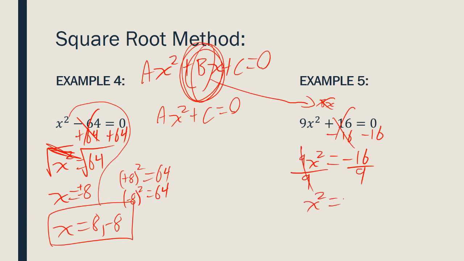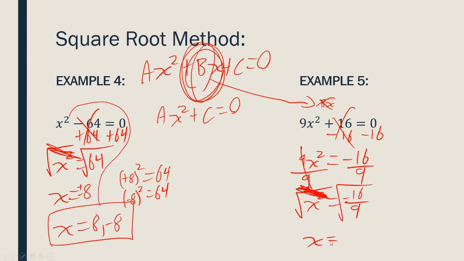X squared equals negative 16 over 9. And then I need to square root. When I square root this, x equals the square root of negative 16 over 9. The square root and the square cancel out, and I'm left with x.